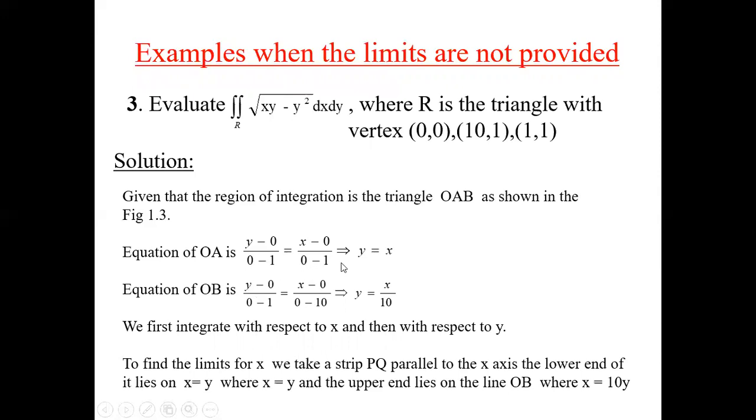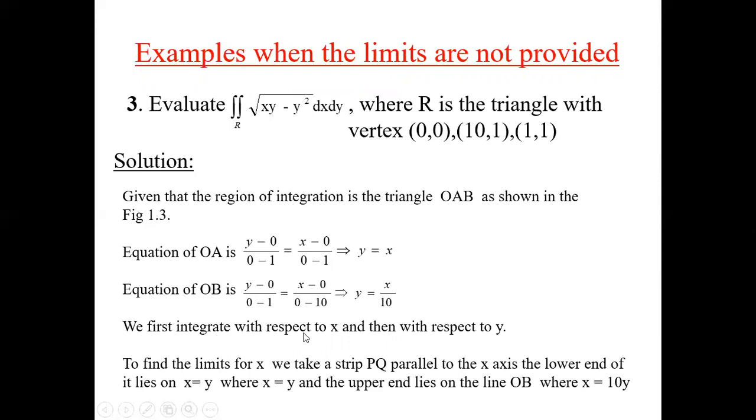So this minus and minus will get cancelled, implying thereby y is equal to x. Then equation of OB is y minus 0 over 0 minus 1 equal to x minus 0 over 0 minus 10, so this implies again y is equal to x upon 10, as the minus signs get cancelled. This implies y is equal to x upon 10.